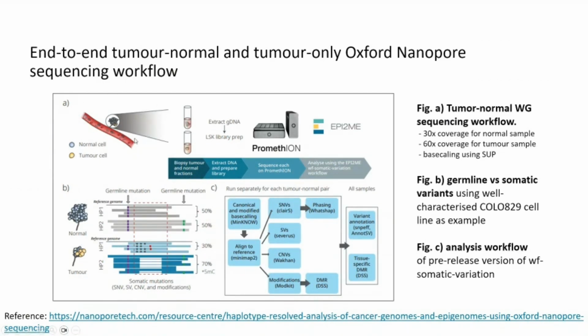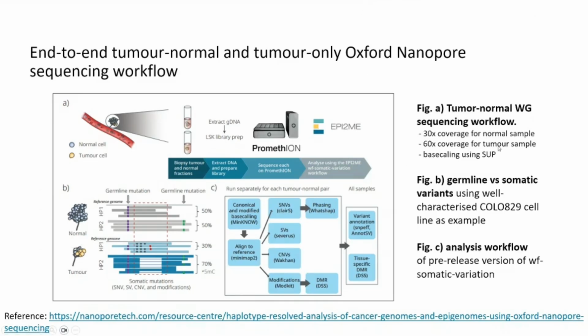So from the patients, when the normal cells and tumor cells are collected, each of them will be prepped into one sample or one library, and for each library we will do a sequencing run. One thing to note is that for normal human genome sequencing, we're normally looking at 30x coverage. The human genome is 3 GB, so we need 30x of 3 GB, which means 90 GB of data.